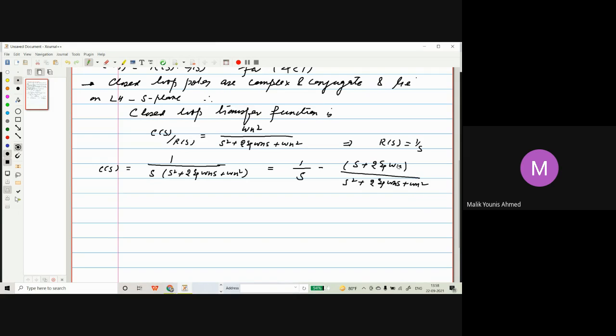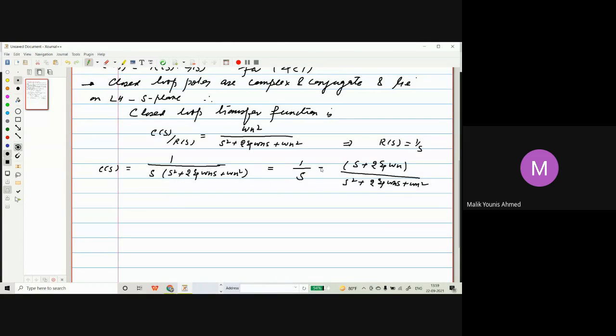I will subtract S plus 2 xi omega n from this term, so S square plus 2 xi omega n s will get subtracted and we'll be left with 1 and the same denominator.